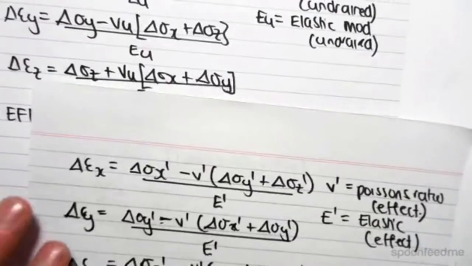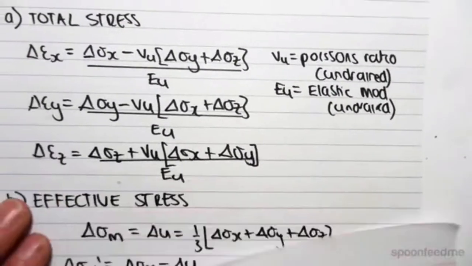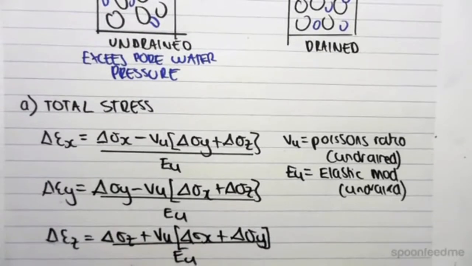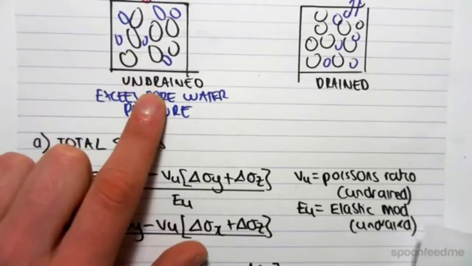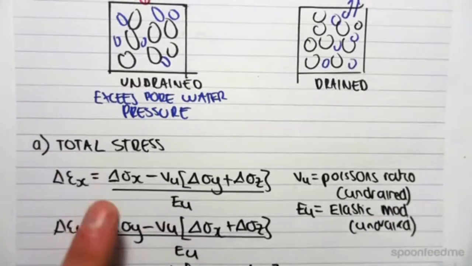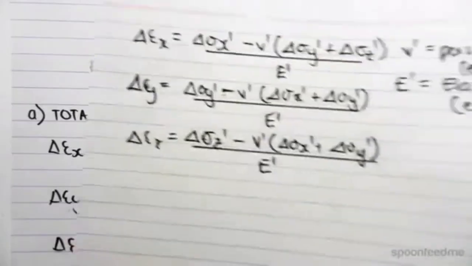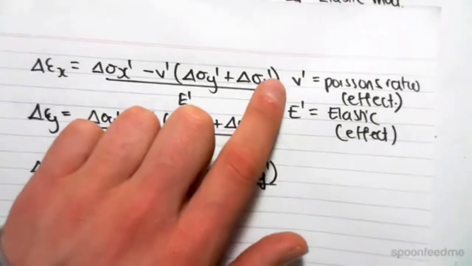Okay, just keep in mind, this might seem very confusing at the moment. We're going to do examples to highlight what all this means, but you can answer an undrained question either through total stress, where you use the undrained values, or by effective stress, where you use the effective values for V and E.